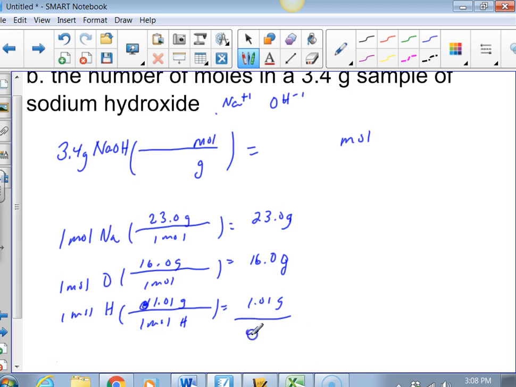Add these together and we get 40.01 grams. So in every 1 mole, there's 40.01 grams. Grams canceling, and our answer would be 3.4 times 1, and then that answer divided by 40.01. Or just 3.4 divided by 40.01, and that gives us 0.0850 moles NaOH.